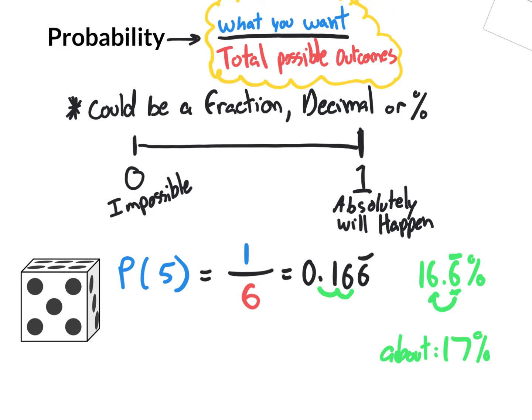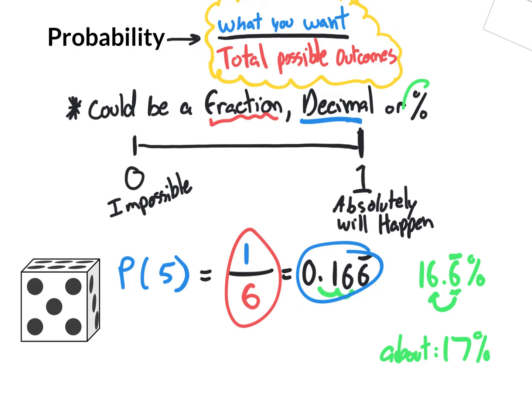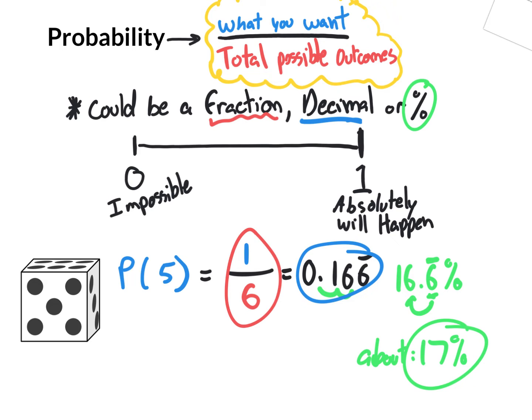Again, it could be written as a fraction, a decimal, or a percent. So on the quiz, I'll let you know whether we want a percent, a decimal, or a fraction. And that's pretty much it for the first lesson.